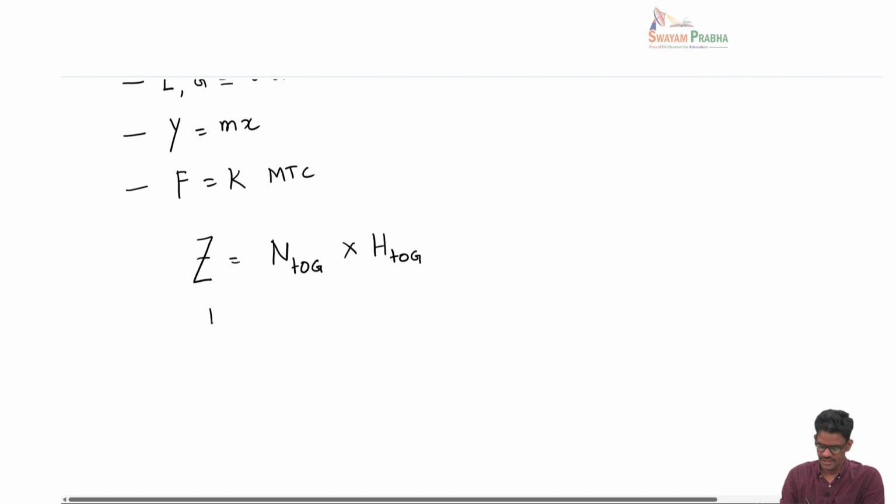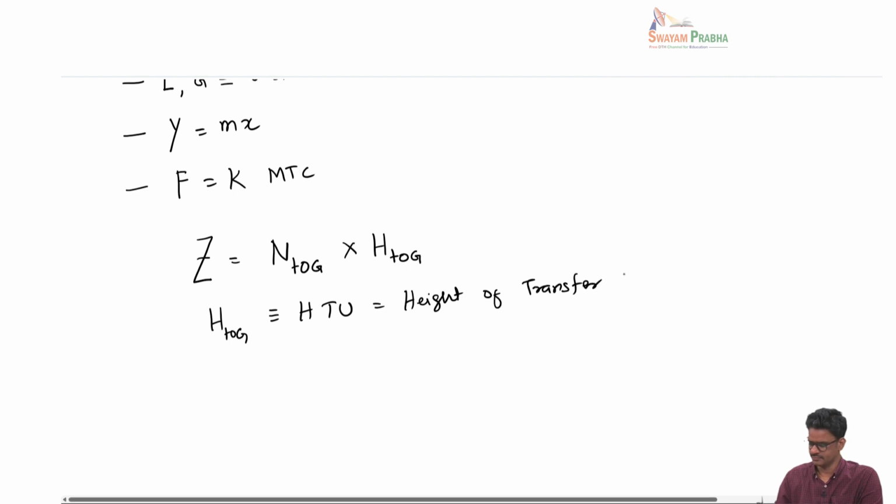Okay, so this HTOG, or in short HTU, is the height of transfer unit, and this was defined as G by KYa, where G is the molar flux of the gas.